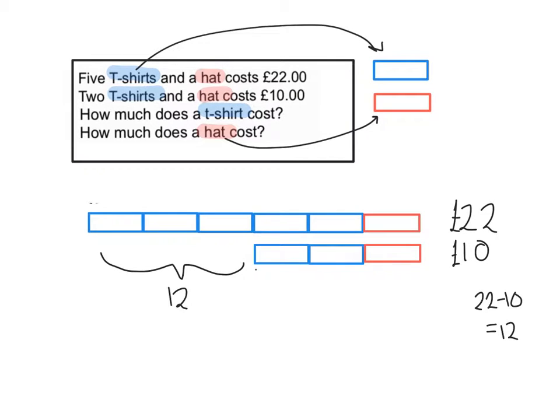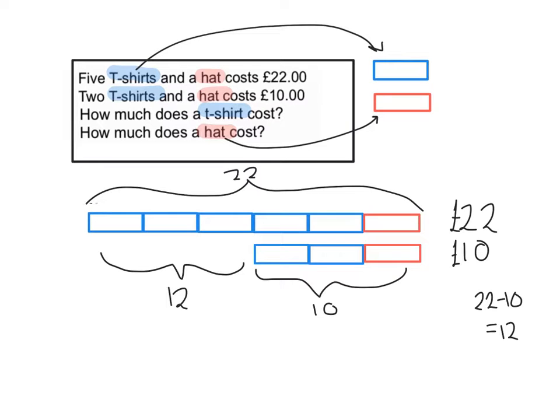And that's because this bit here is 10 and all of this together is 22. So 10 add 12 is 22. So I can now figure out what goes into each of these 3 boxes here, because if this is 12, then 12 divided by 3 is 4. So in each of the blue boxes is 4.